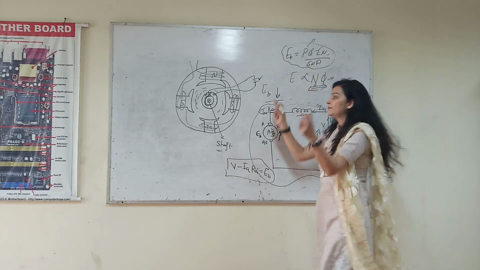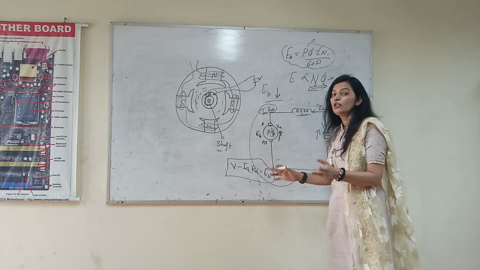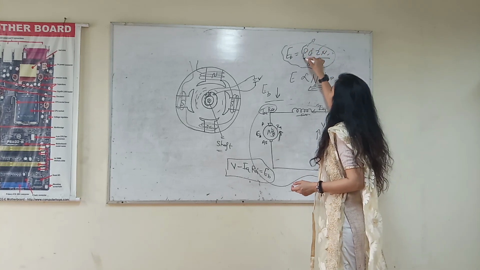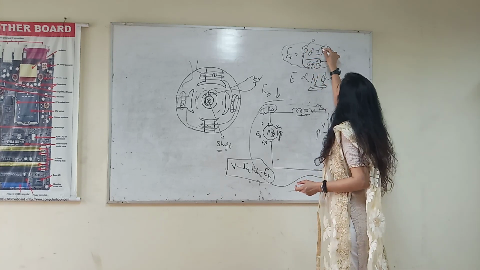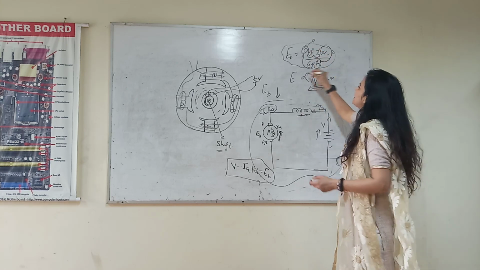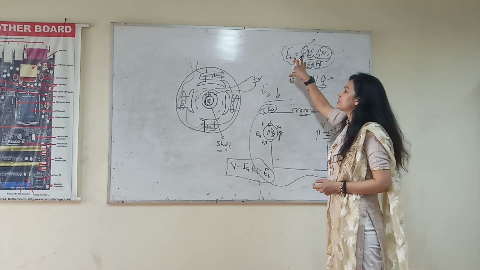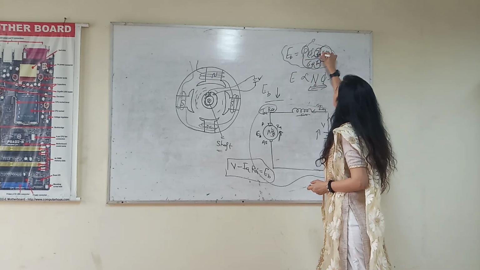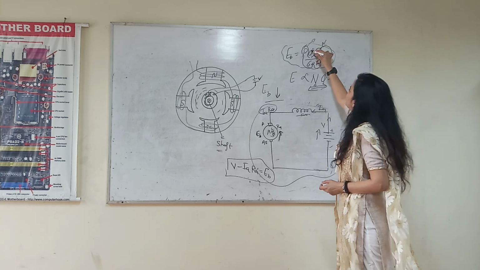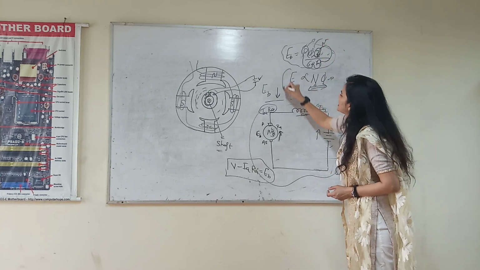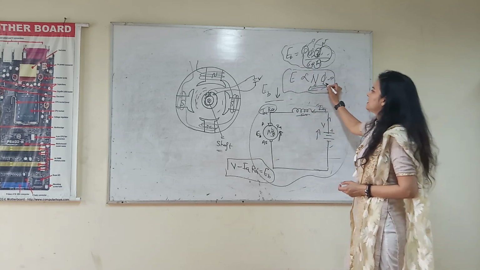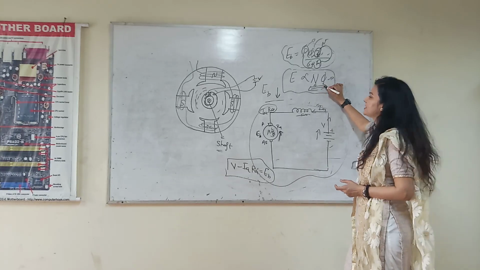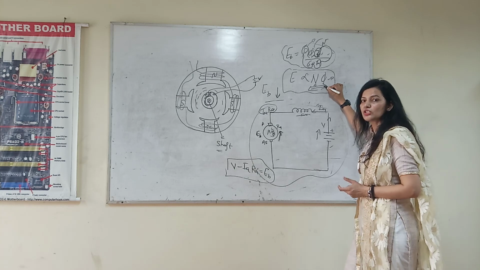The number of conductors placed into the armature will not change, and A is the parallel path, 60 is fixed. So only these are the fixed parameters in this formula, and these are the variables. So we will keep the variables separately. It means E depends upon speed and φ. Speed is the speed of the motor, the speed of the armature, and φ is the flux which is cut by the conductor.